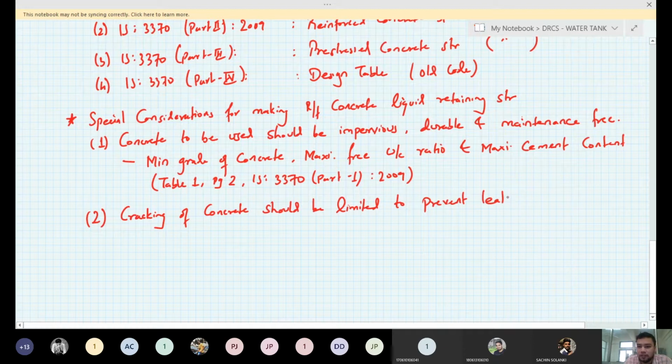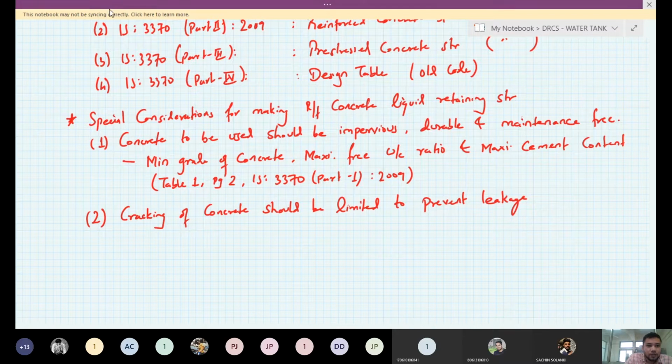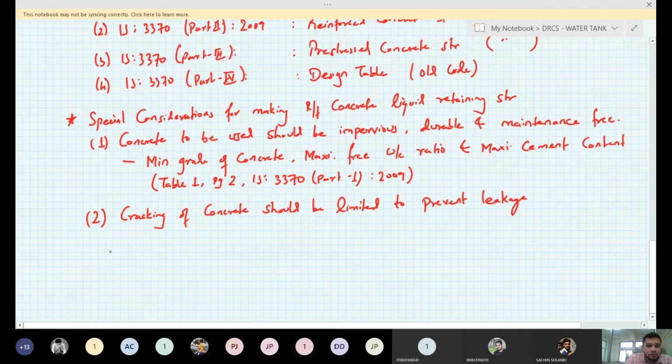As these are liquid retaining structures and we have to prevent the leakages, so we have to restrict the cracks. So for that the code has given guidelines. Now first we see the cracking.